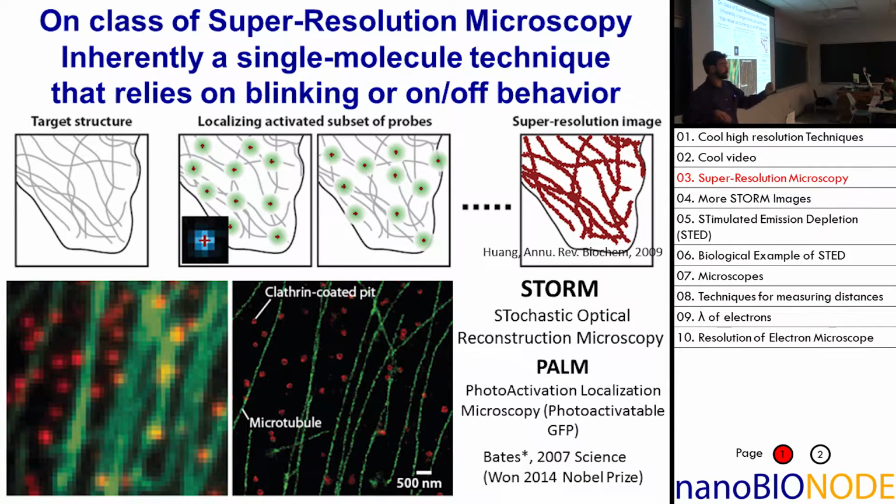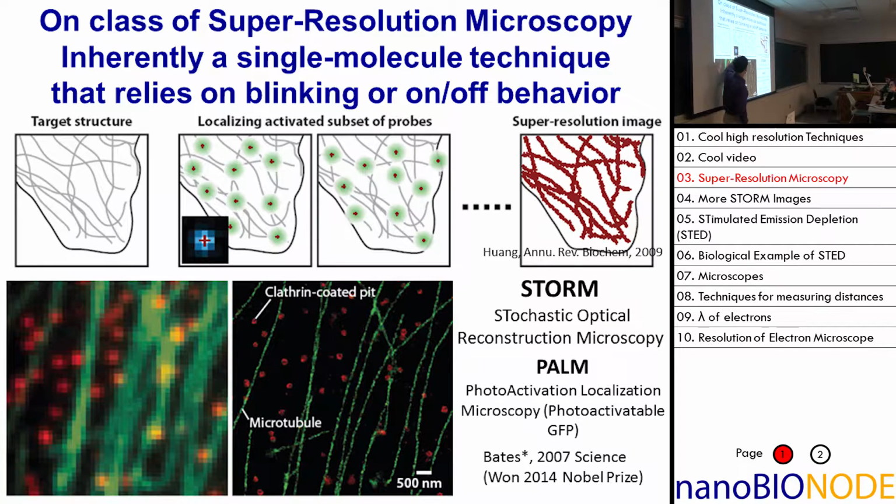You shine typically a UV light on it, and you activate an occasional fluorophore. Now you have them fluorescent. You shine regular visible light on it.